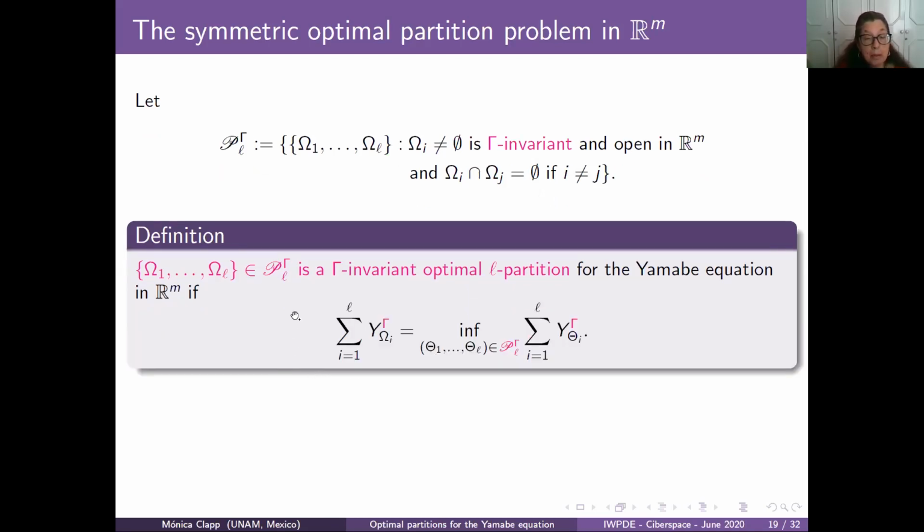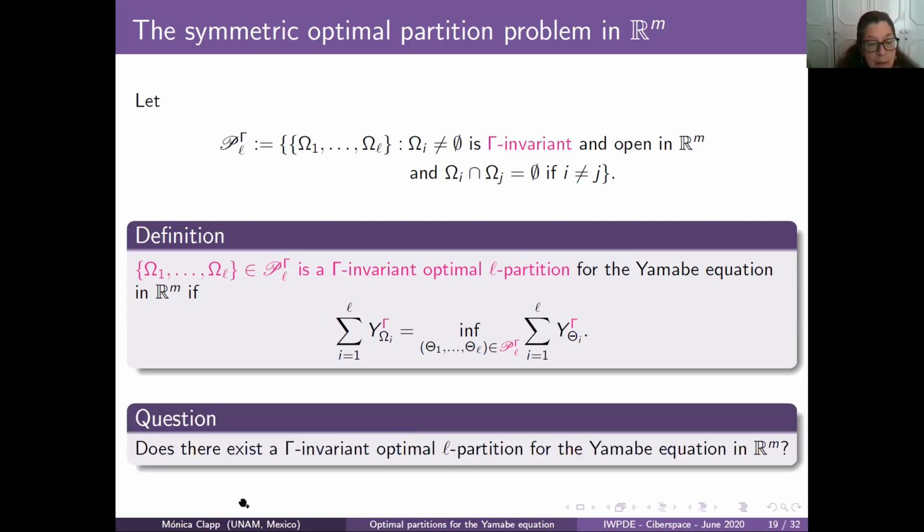It is simply a collection of Gamma invariant sets which are open, non-empty, pairwise disjoint, with the property that the sum of the Yamabe invariants for the sets minimizes the sum over all possible partitions. In this case, the first condition, the existence, is guaranteed by Leon's theorem, because we always have existence.